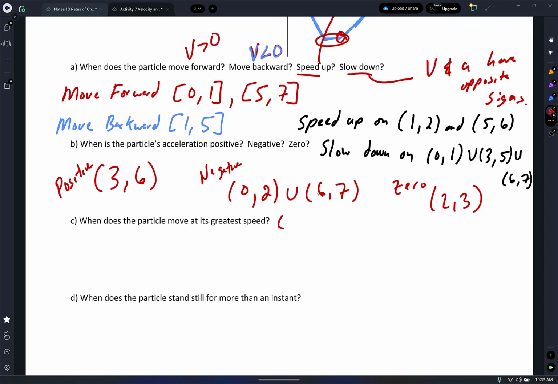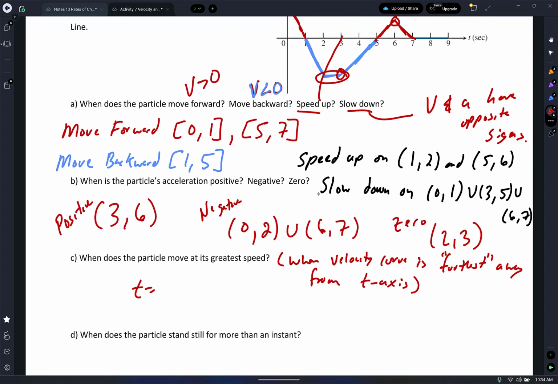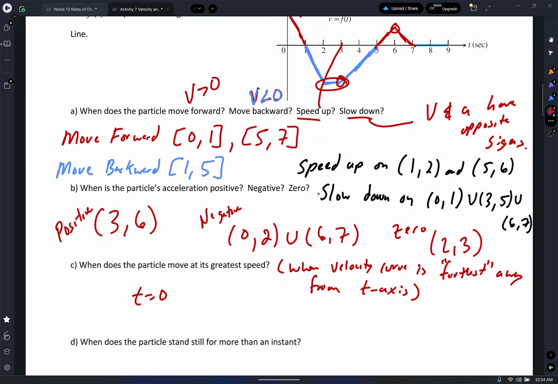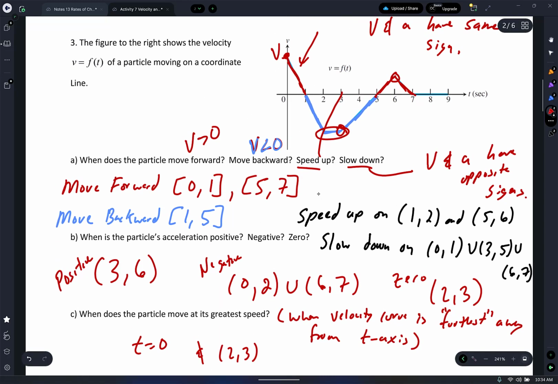Here, I put it in parentheses: when is the velocity curve furthest, quote unquote, away from the t-axis? When does the particle move at its greatest speed? So it looks like at t equals 0, and then between 2 and 3. Yeah, not at 6, because at 0 it's higher than the 6 one.